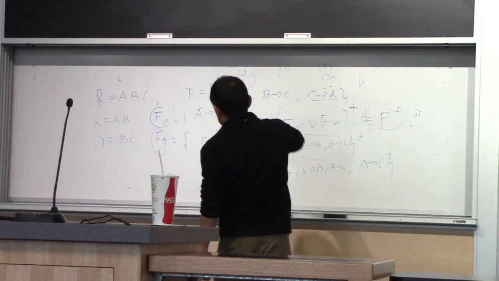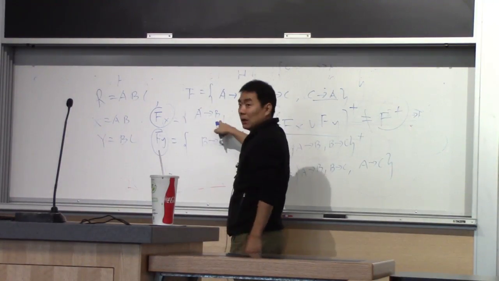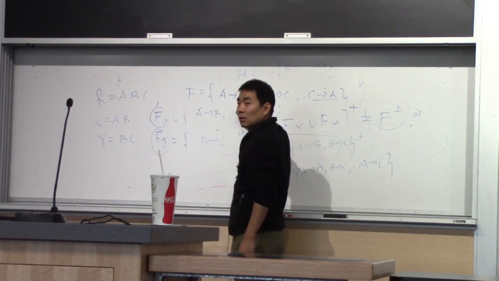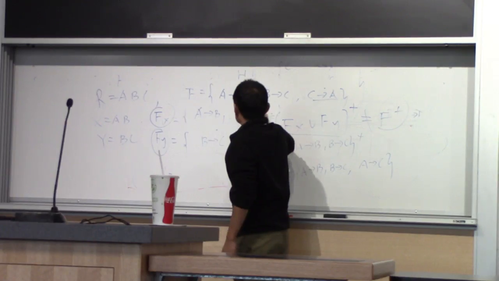In other words, in this case, it's not only A determinant B, but also B determinant A. Why?